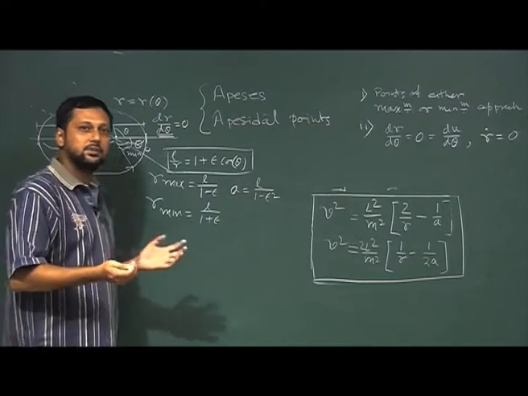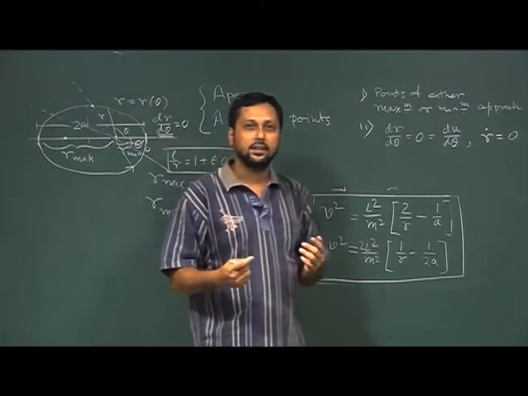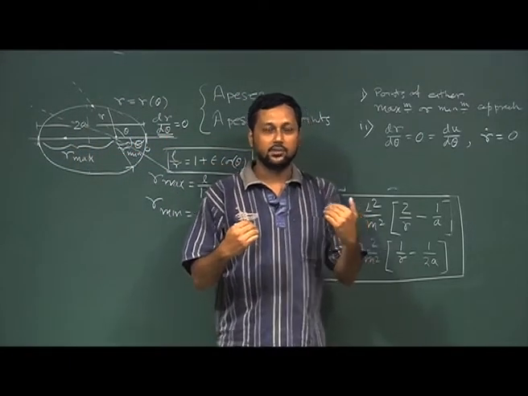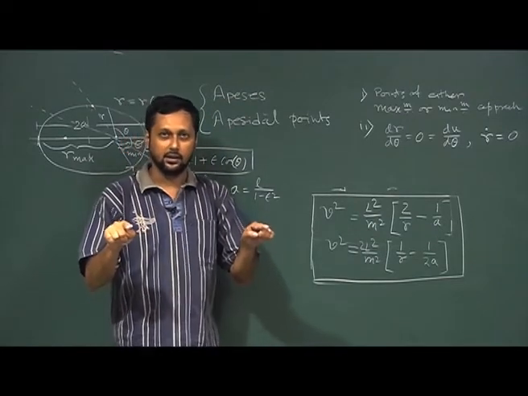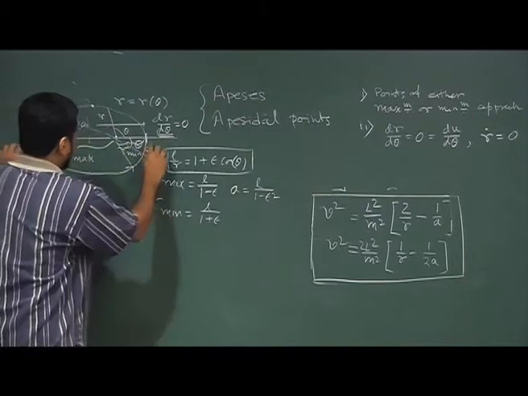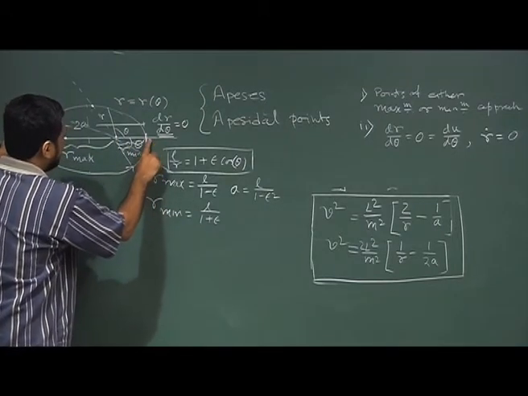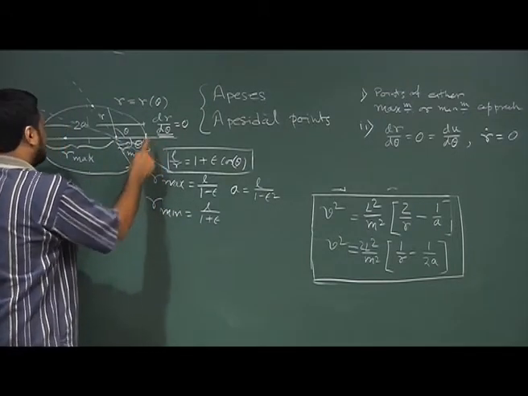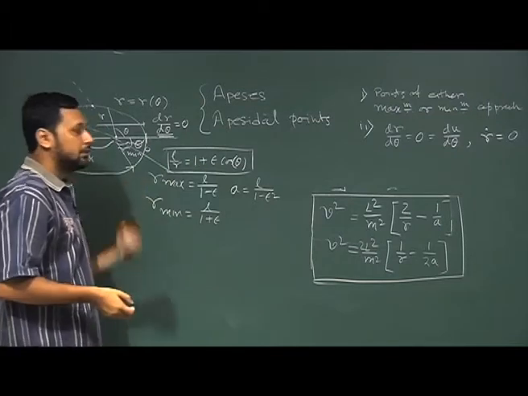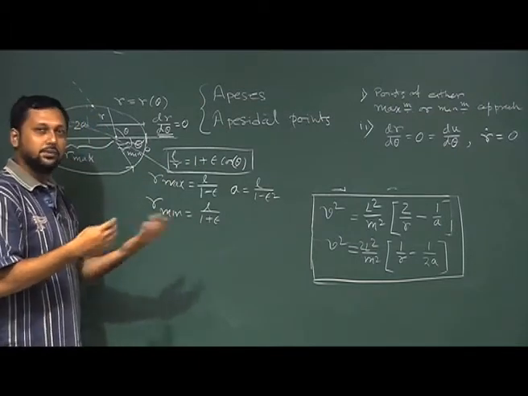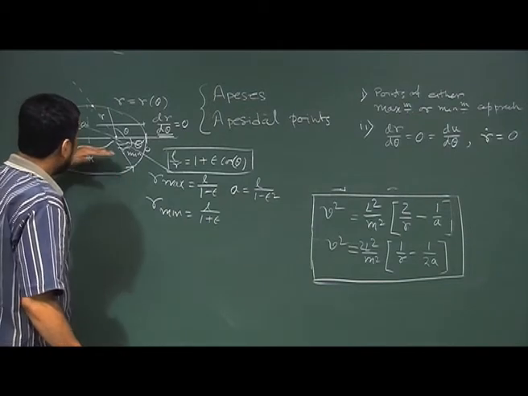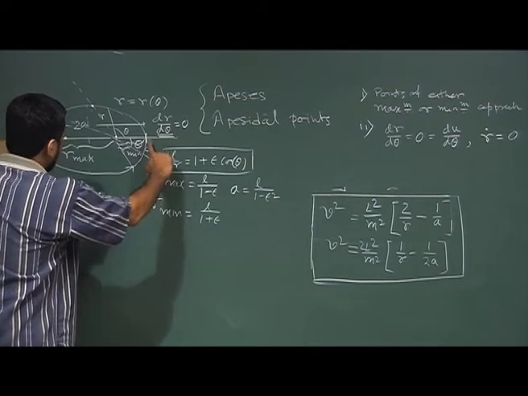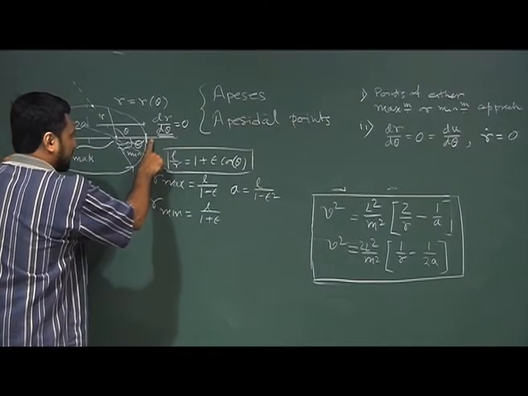Now, by simple geometrical consideration, we can understand that the apsidal points have to lie on this particular line, because the distances of maximum and minimum approach will take place for either theta equal to 0 or theta equal to pi, or some symmetric position. That symmetry can be achieved if and only if the apsides lie on this particular line.